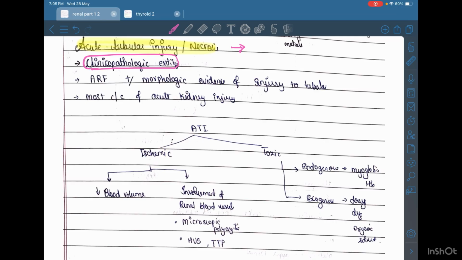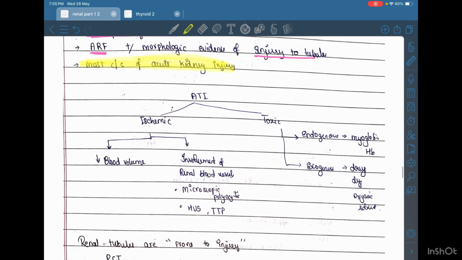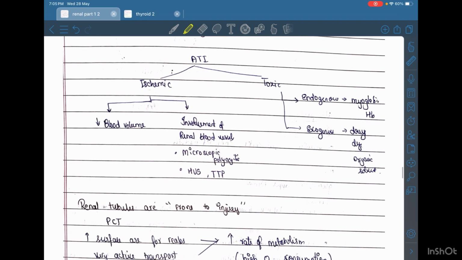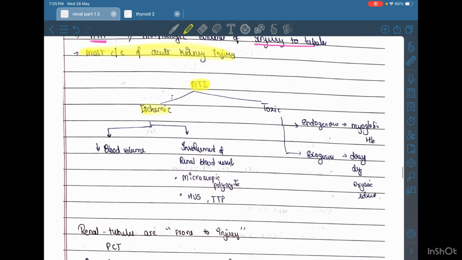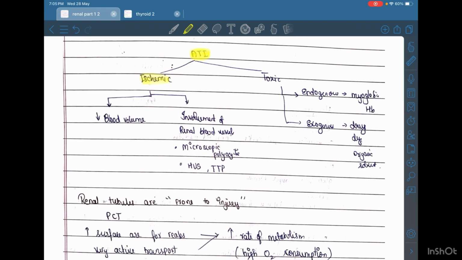So there will be acute renal failure plus or minus morphological evidence of injury to the tubules. It's the most common cause for acute kidney injury. Acute tubular injury can be ischemic or toxic.